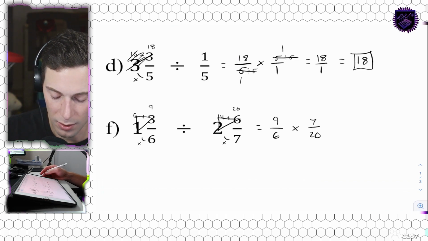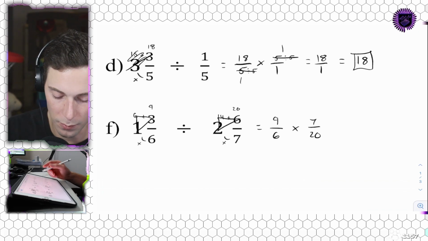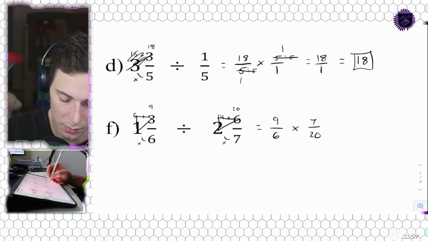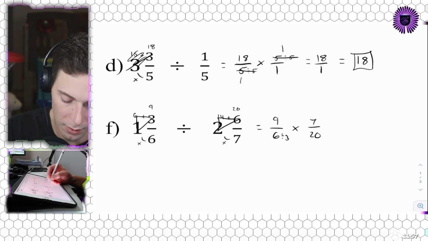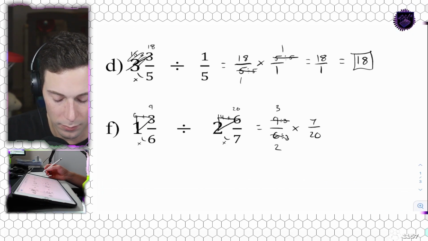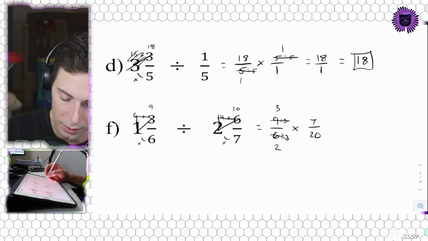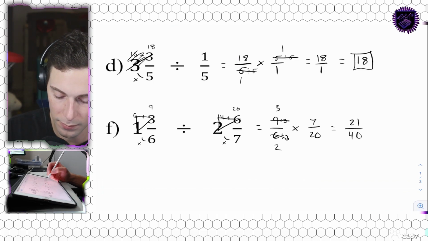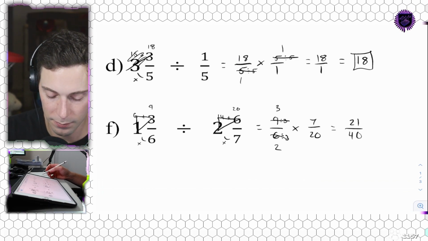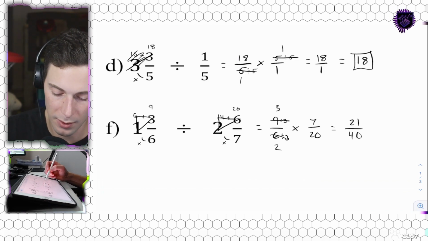Once again, no common factors. No, wait, I spoke too soon. Divide by 3. This is going to be 3. This is going to be 2. All right. 21 40ths. That's it. 21 40ths. That's our answer.